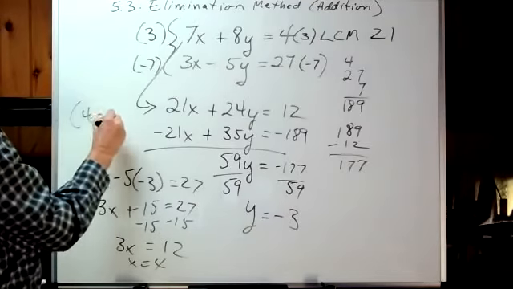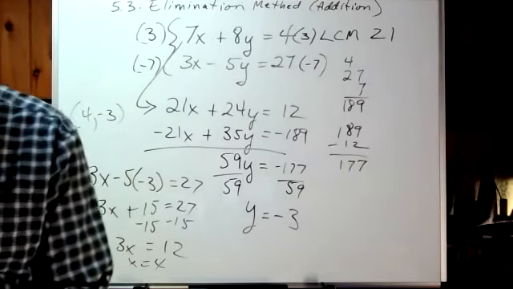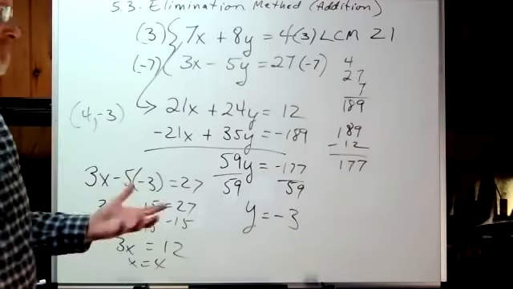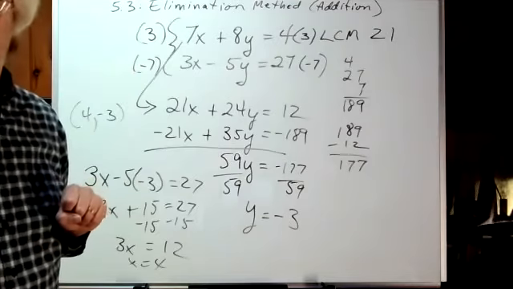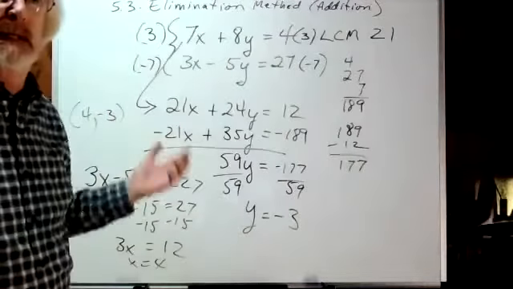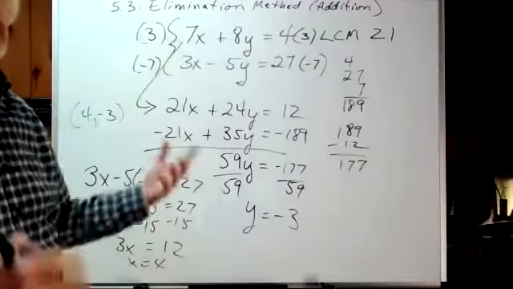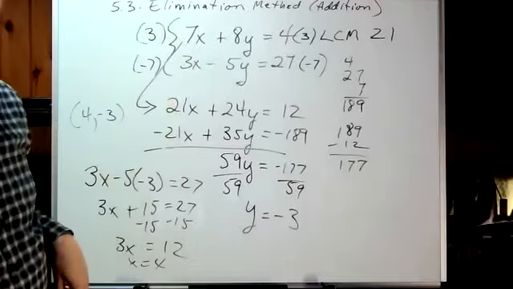Y was negative 3. So that's almost the highest level of complication. As complicated as the basic technique gets is having to multiply both equations to get similar size coefficients.